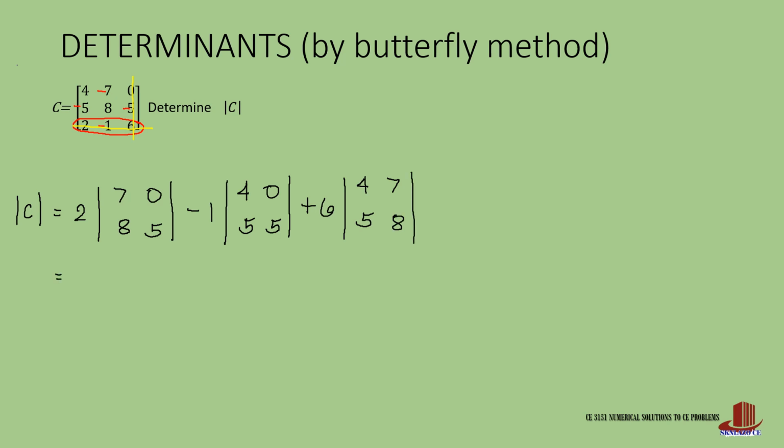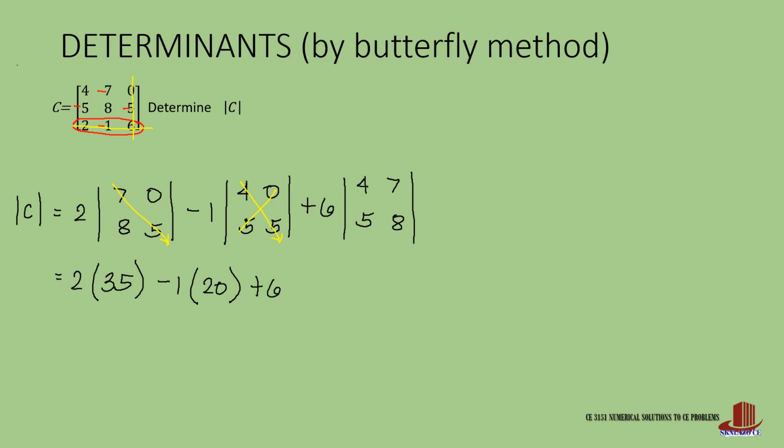Let's simplify our equation. This would be 2 multiplied by 35 minus 0, which would remain as 35. Less 1 of 20 minus 0, still going to be 20.